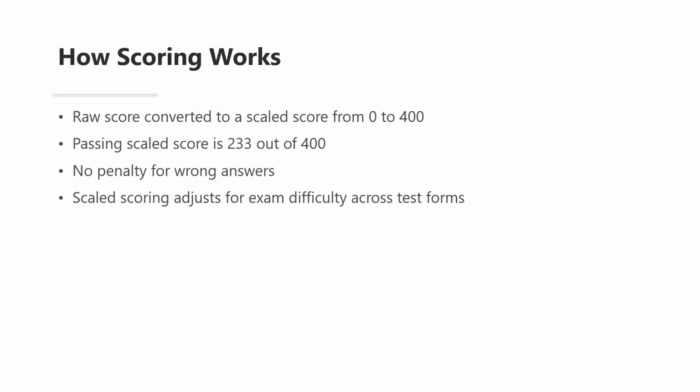When you receive your results, you will see your scaled score along with a breakdown of your performance across the 8 areas of responsibility. If you do not pass on your first attempt, and I want you to know that is perfectly okay, this area by area breakdown is invaluable for focusing your future study efforts on the specific domains where you need the most improvement.